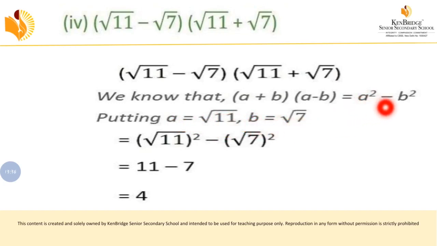So a squared minus b squared can be written as (root of 11) the whole square minus (root of 7) the whole square. So when you are squaring the root, you will get the whole number. Right? So squaring root 11, you will get the number 11. In the same way, if you square root 7, you will get the number 7. So 11 minus 7, the answer will be 4.